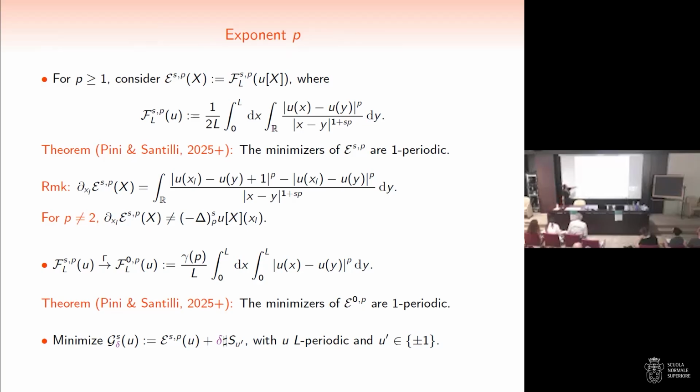The other thing I want to say is that one can compute the limit, also in this periodic setting, of these energies, the fractional Gallardo-Seminars, when s goes to 0, and one ends up with this kind of non-local L^p norms. Also, Pini and Santilli proved that for generic p there is a unique minimizer of the energy, and that it is 1 periodic.